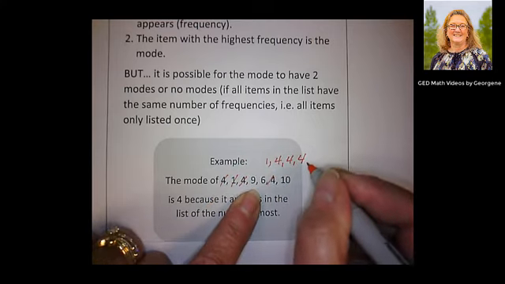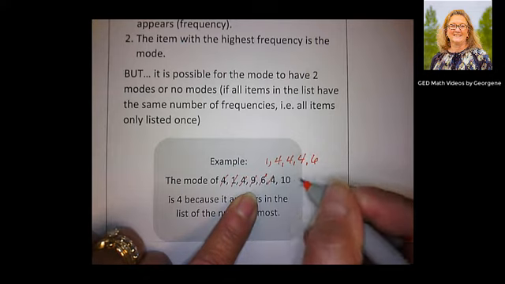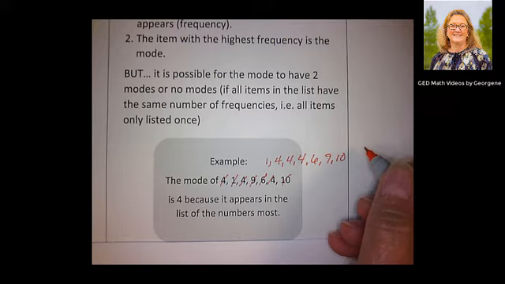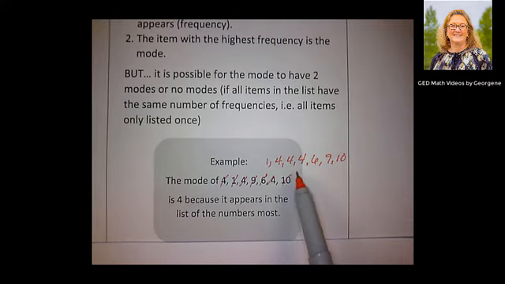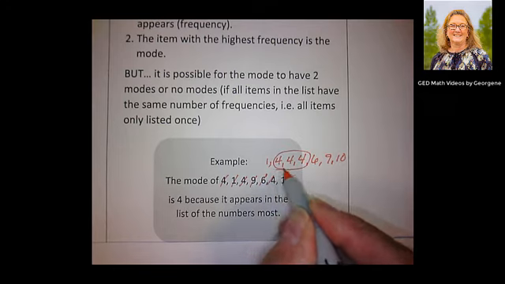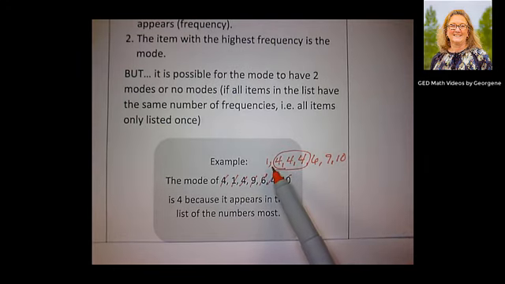And then we've got 6, 9, and 10. If we take a look at the item with the highest frequency, we can see very quickly in our list here that 4 is going to be the mode of this example.